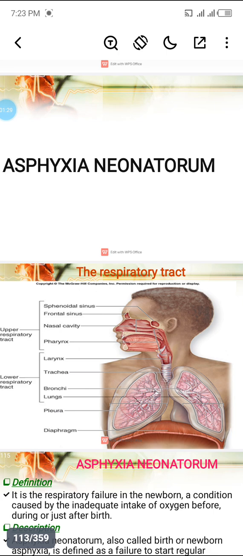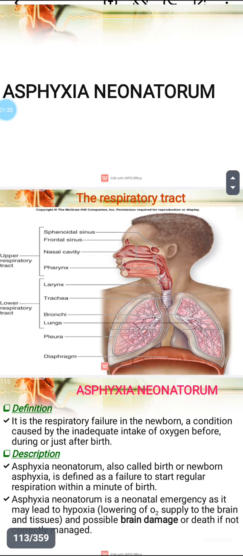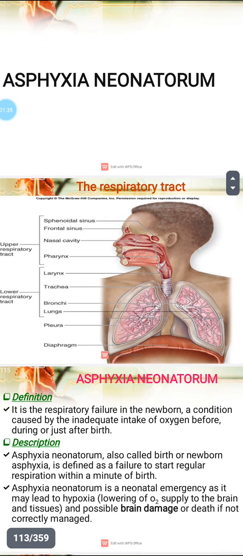Now, as you can see, this is the respiratory tract. Under this topic, sometimes you are asked to draw the respiratory tree, but you're not going to draw the head, of course. Maybe you're going to look at the nose or nasal cavity. You also put the pharynx there, the larynx, the trachea, the bronchi, the lungs. The diaphragm should be there.